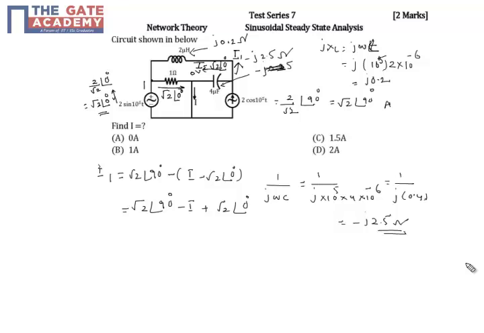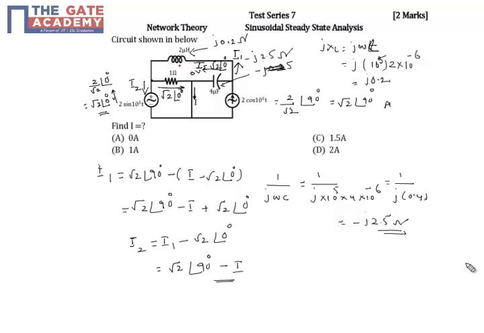What about the current here into the source? This current is nothing but this I1 minus root 2 at an angle of 0. I will give a name to this as I2. I2 is nothing but I1 minus root 2 at an angle of 0, so this minus root 2 at an angle of 0 will cancel. So its value is root 2 at an angle of 90 minus I.